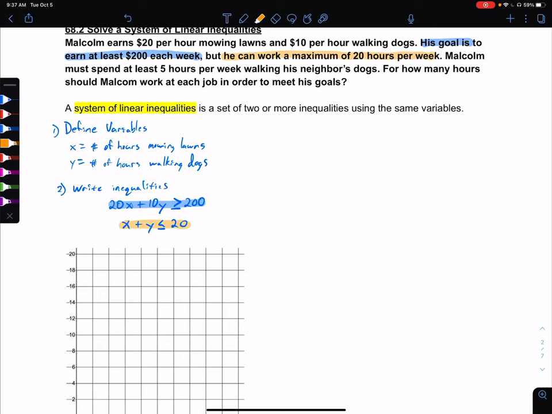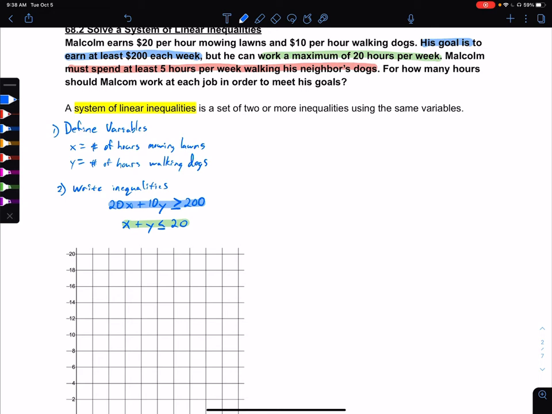Now we also have one more piece of information. I'm going to highlight that in green: work a maximum of 20 hours per week. And we have one other piece. He must spend at least 5 hours per week walking his neighbor's dogs. Basically, if he doesn't spend 5 hours per week walking his neighbor's dogs, his neighbor's probably not going to hire him. He'll hire somebody else. His neighbor's not going to want to hire two different people and have one person do 2 hours and somebody else do 3 hours.